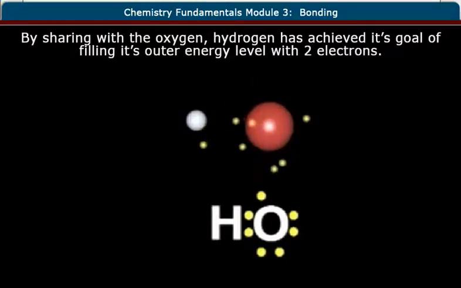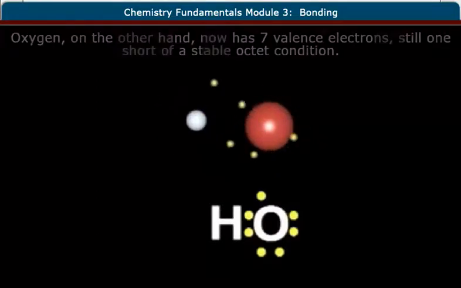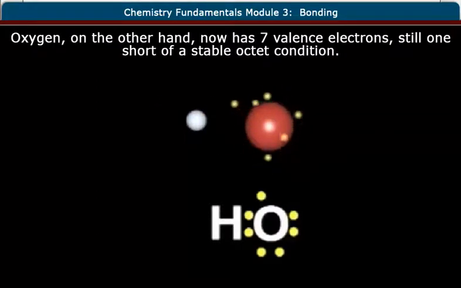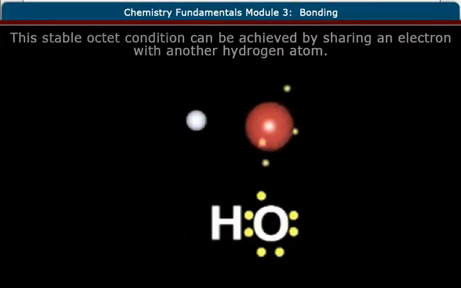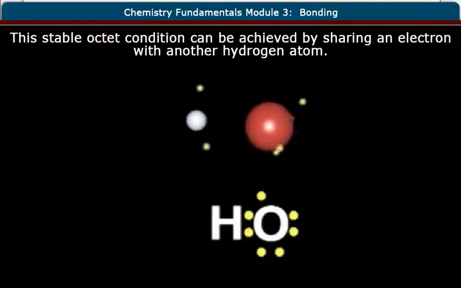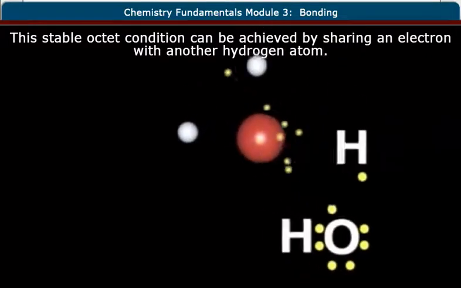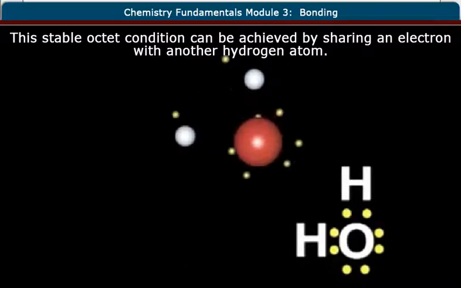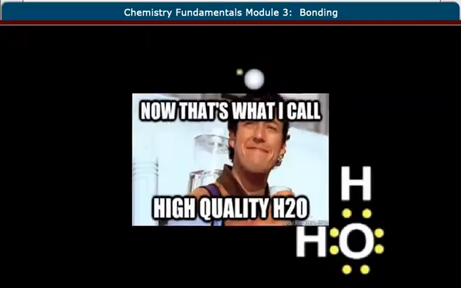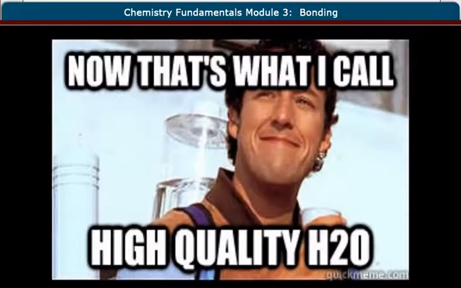By sharing with the oxygen, hydrogen has achieved its goal of filling its outer energy level with 2 electrons. Oxygen, on the other hand, now has 7 valence electrons, still one short of a stable octet condition. This stable octet condition can be achieved by sharing an electron with another hydrogen atom. And that's what I call high-quality duo.